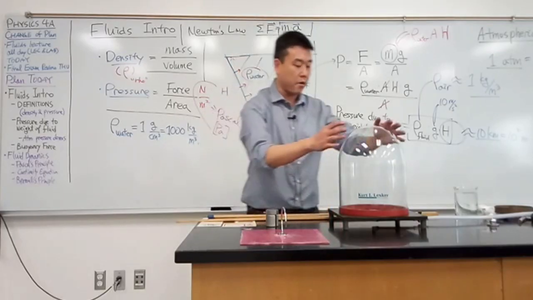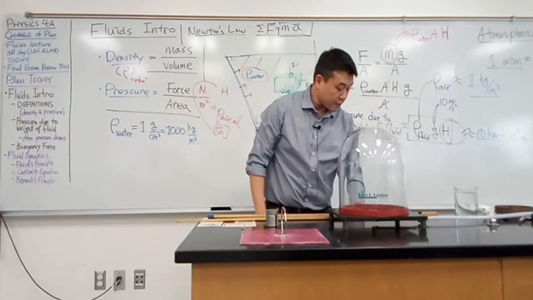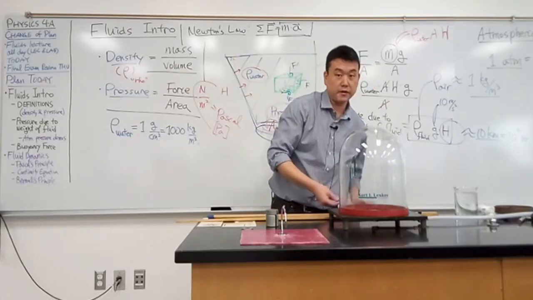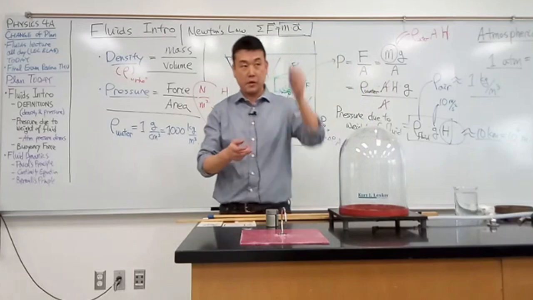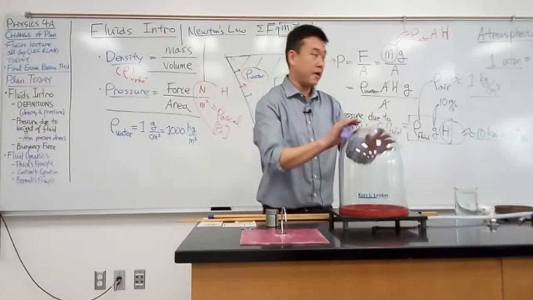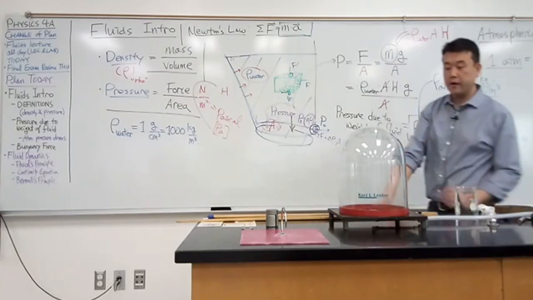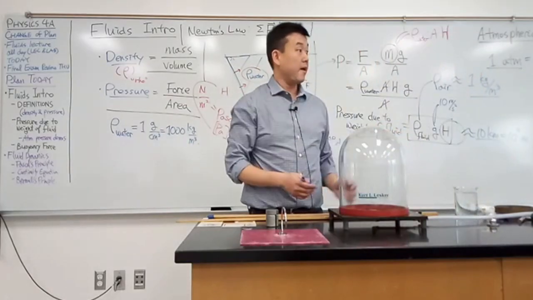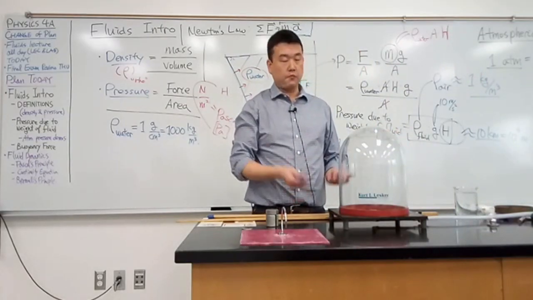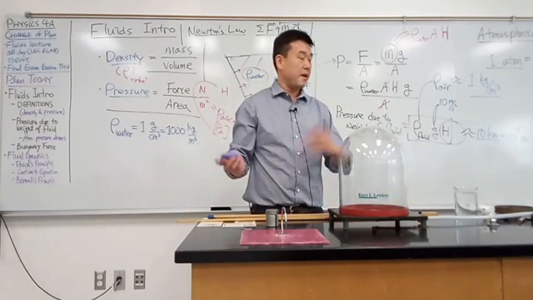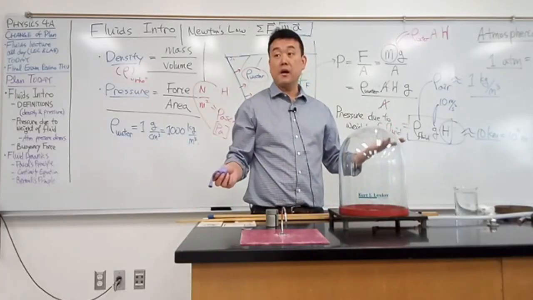Let me just show you one more demonstration to illustrate beyond any shadow of doubt just how big atmospheric pressure is. I can do it with a balloon and a vacuum pump. I have a vacuum pump here that can suck out all the air from this glass jar. Normally we don't notice how big atmospheric pressure is because we have acclimated to it.